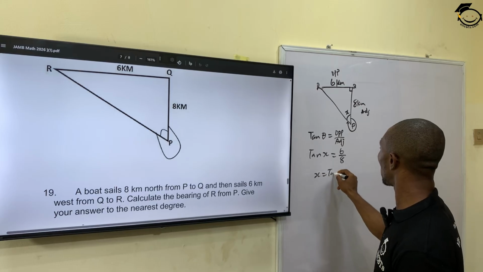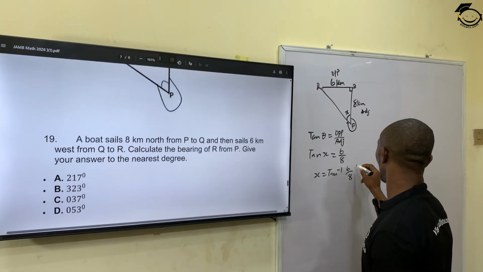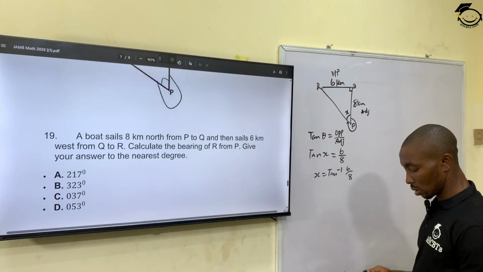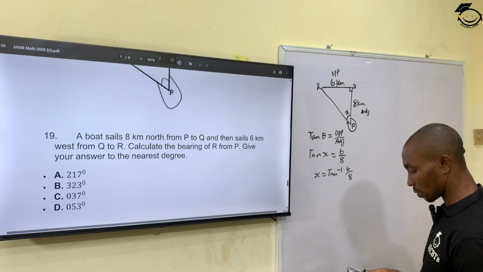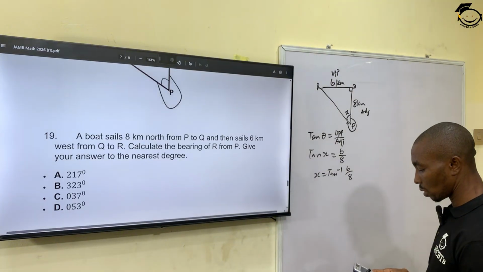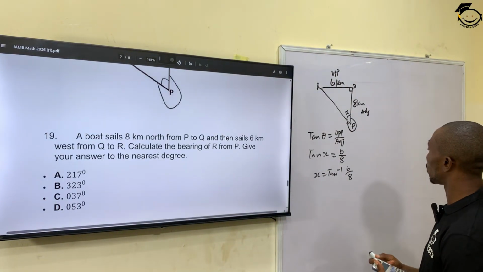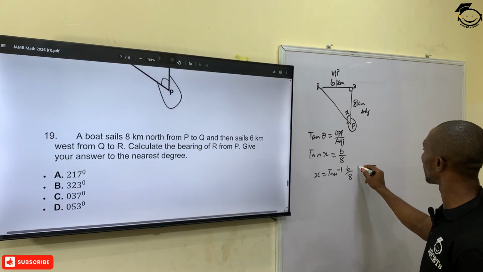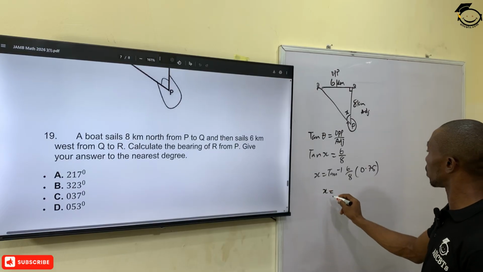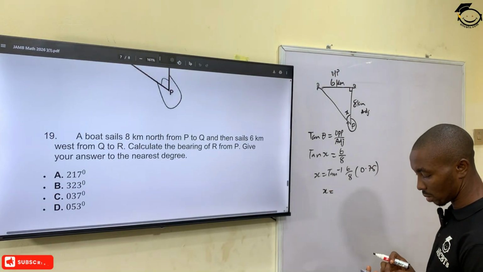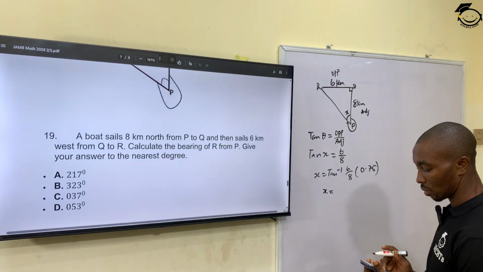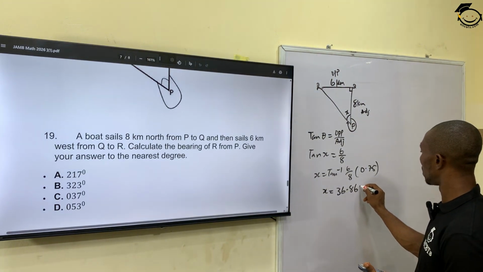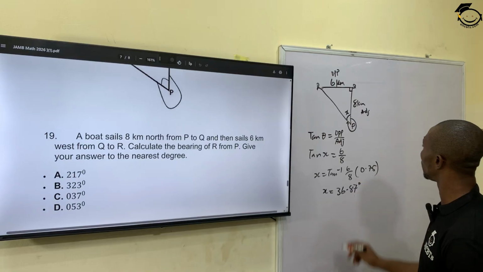So our X will be tan inverse of 6 over 8. 6 divided by 8 would give us 0.75. So tan inverse of 0.75 is what you are looking for. So X equals tan inverse of 0.75, which will give us 36.8687, all right, 36.87 degrees.